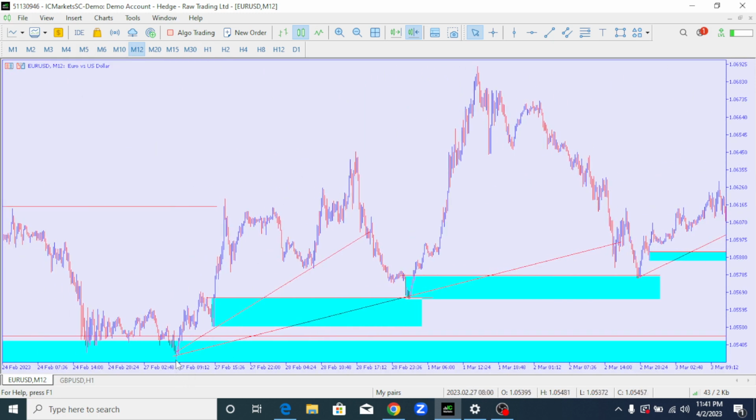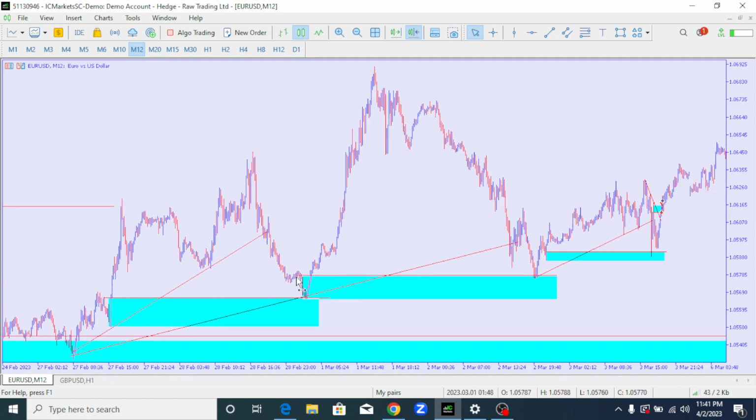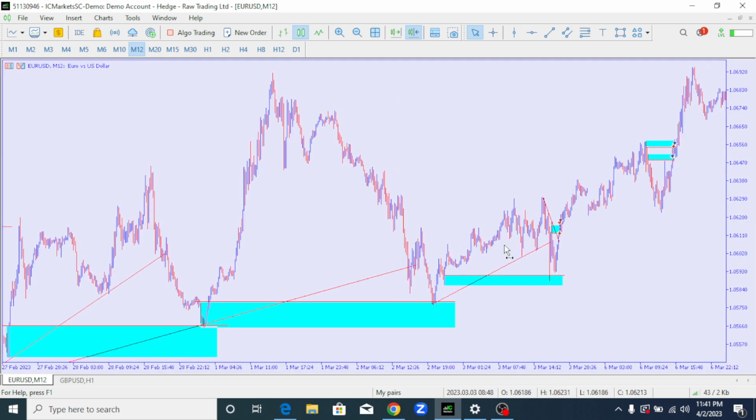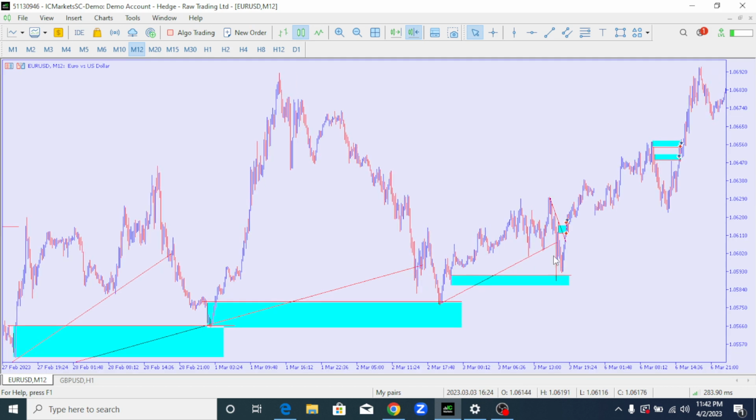If we zoom in, you will see the price is taking the liquidity that is formed below. You see, this momentum trend line was taken by this move, and this momentum trend line was taken by this move. It clearly shows bullish order flow, and this trend line was taken by this move.